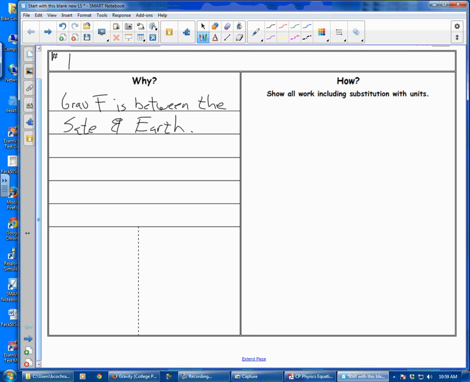What feature does both the satellite and the Earth have that creates gravity? Mass. Right? So, I might even put after that in parentheses, since both have mass.